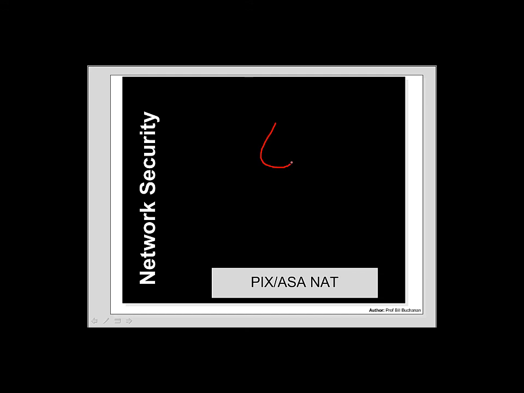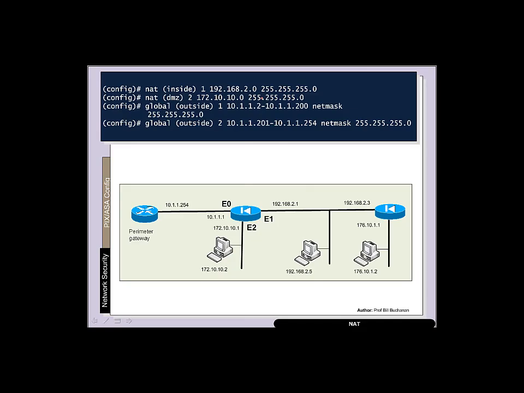The Pix ASA typically deals with network address translation, where we have a public IP address space, and then behind our firewall we can actually have a private address space. Network address translation allows us to map addresses inside to ones outside. So in this case we set up a global pool.